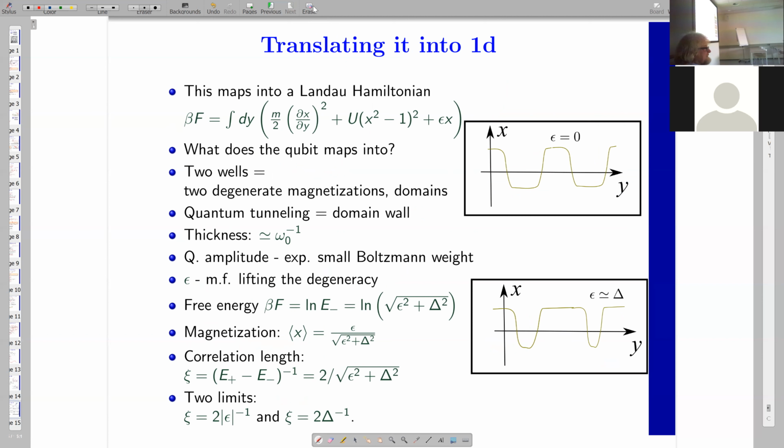I choose the underlying model for my qubit to facilitate the formulation of the statistical model. Kinetic energy of the particle will become the gradient term in the Landau Hamiltonian.